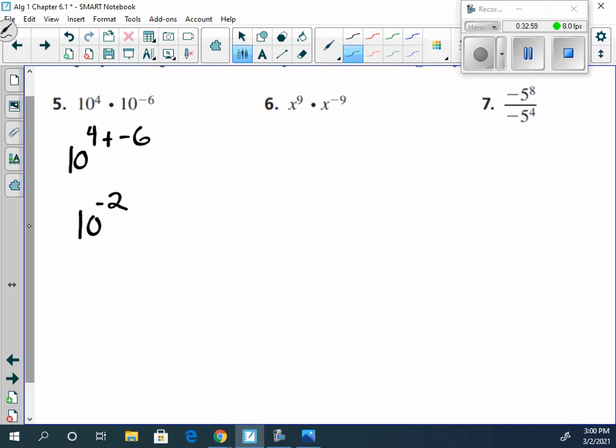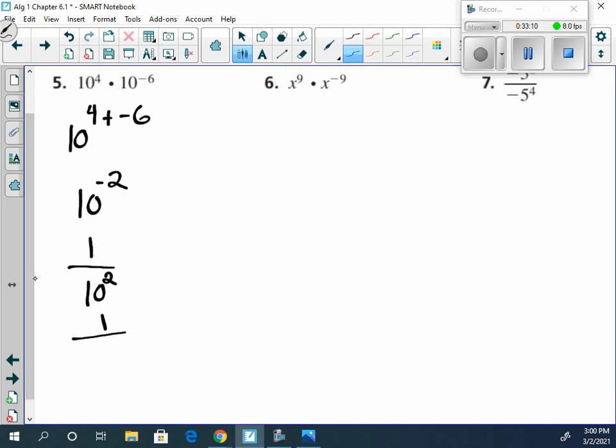Well, the exponent is negative, so we would move it to the denominator. And 10 squared is 100, so we would have 100, or the 1 over 100.